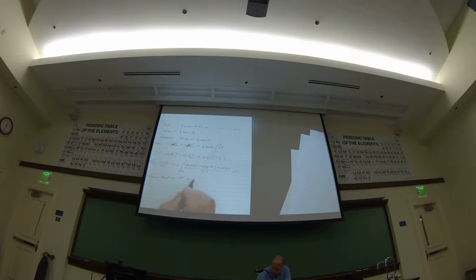So if T is 1500 Kelvin, that delta G0 at 1500 Kelvin is equal to minus 5.23.